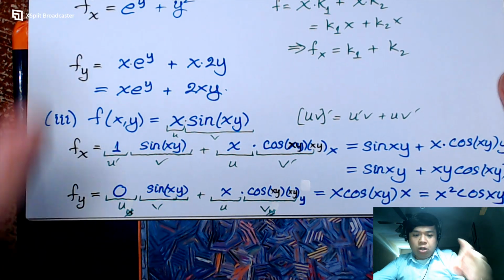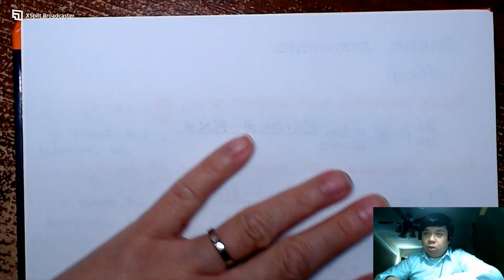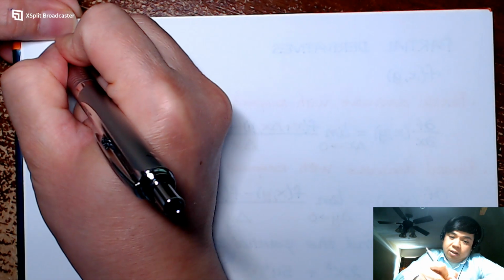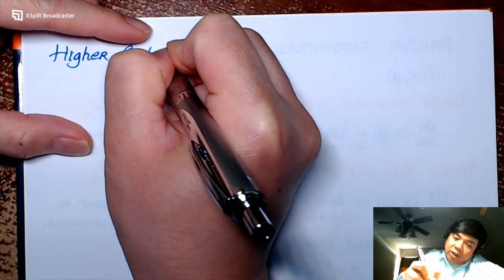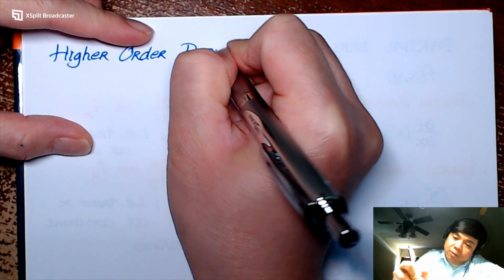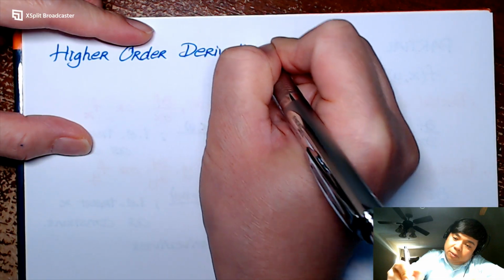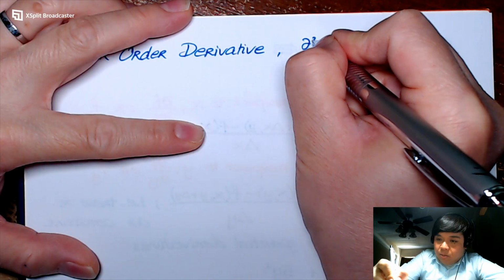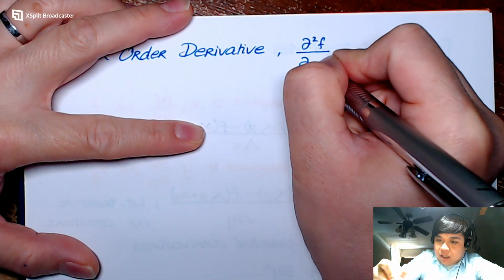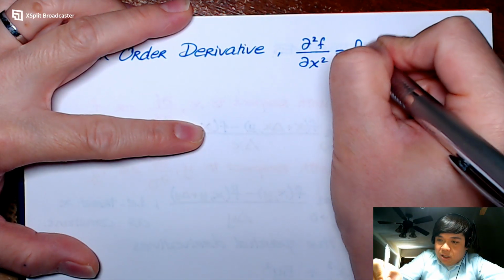Alright, I want to also say that if it is the first derivative, we can also have the second derivative. Higher order derivative. We can say derivative with respect to x twice, or we should say f of x.